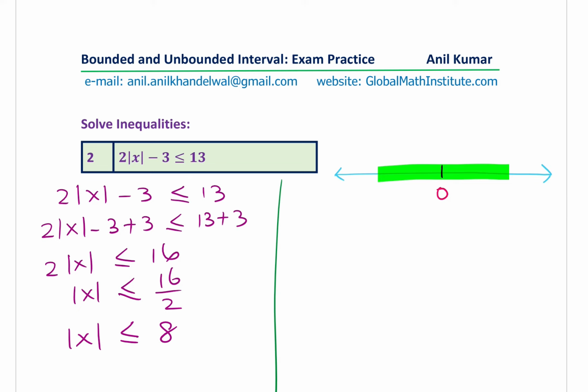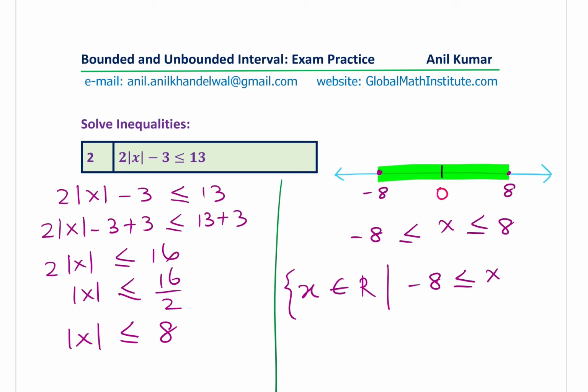In this way, we are including the point minus 8 and also the point 8. So the solution basically is, you could also write this as x is between minus 8 and plus 8, or you can say x belongs to the set of real numbers where x is between minus 8 and plus 8.